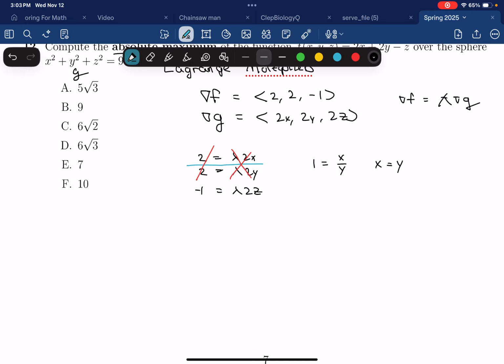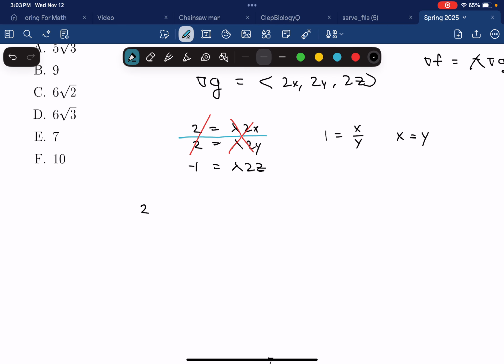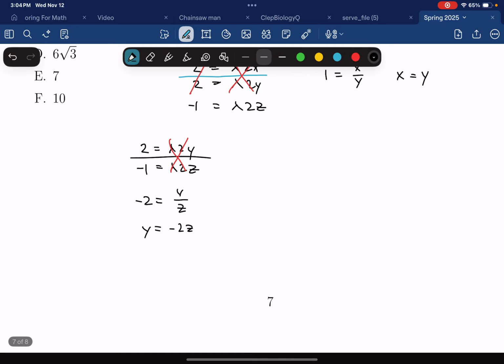This is very important in the future and a very good trick for this question. So now I'm going to evaluate 2 equals lambda 2y over negative 1 equals lambda 2z. In this case, the lambda 2's cancel out. You get negative 2 is equal to y over z. Means that y is equal to negative 2z, which means that x is also equal to negative 2z.